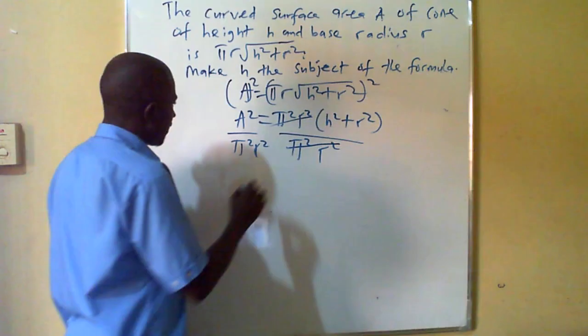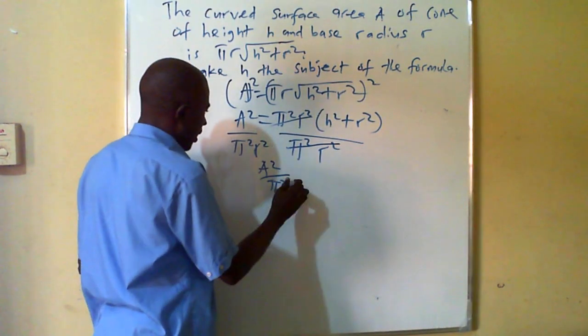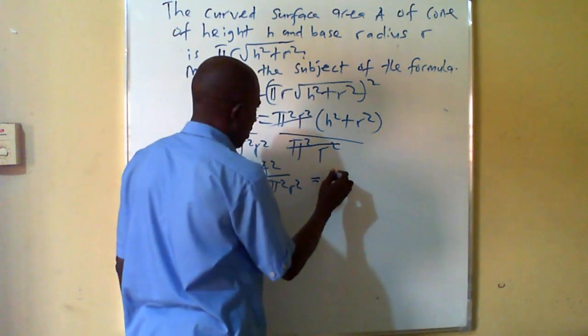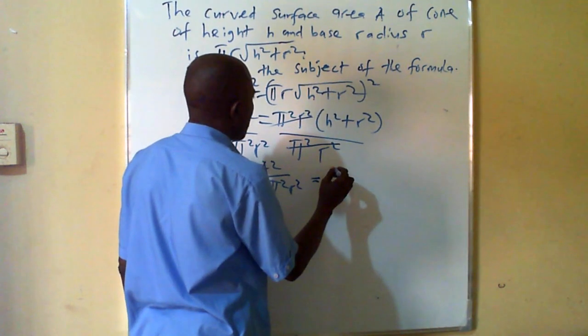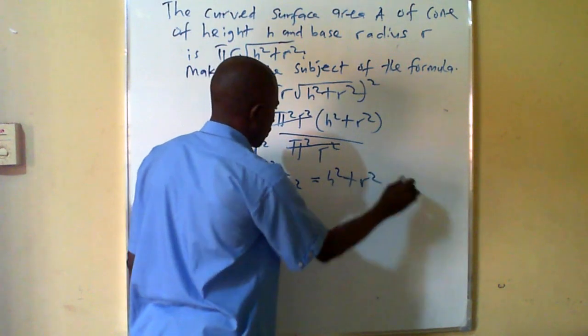Now you'll be left with A² over π² r² is equal to h² + r².